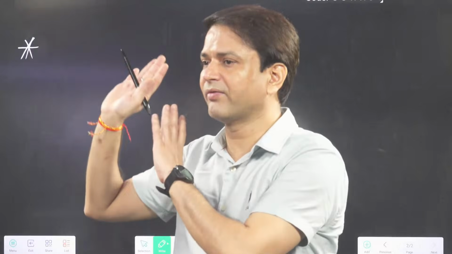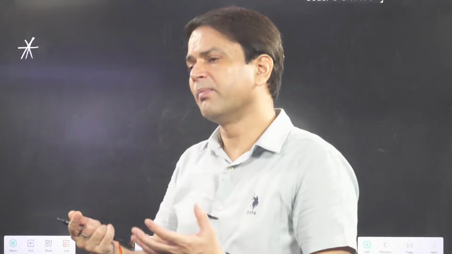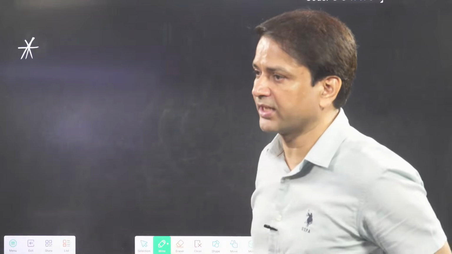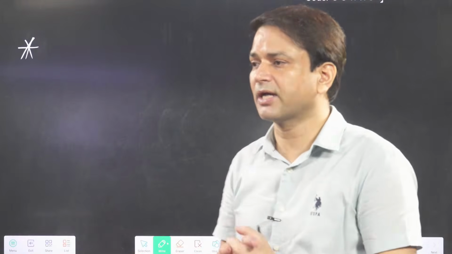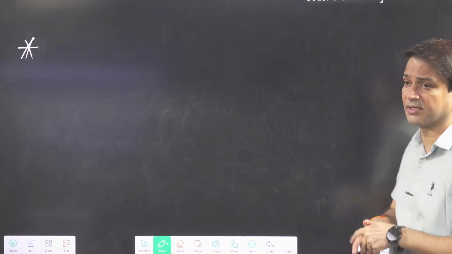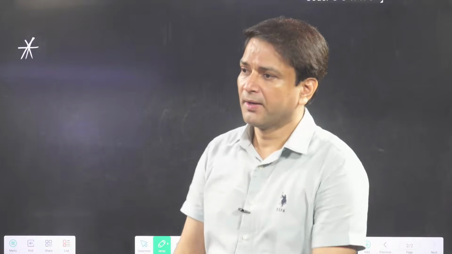By physics I will explain the maximum value, but by using mathematics also we can get the maximum value. So what is the maximum value of sin theta plus cos theta?